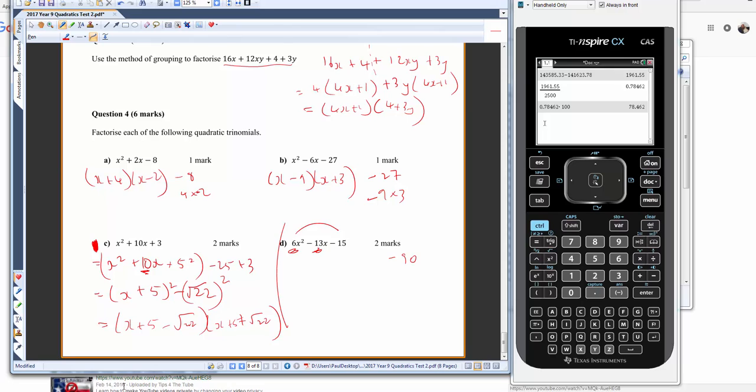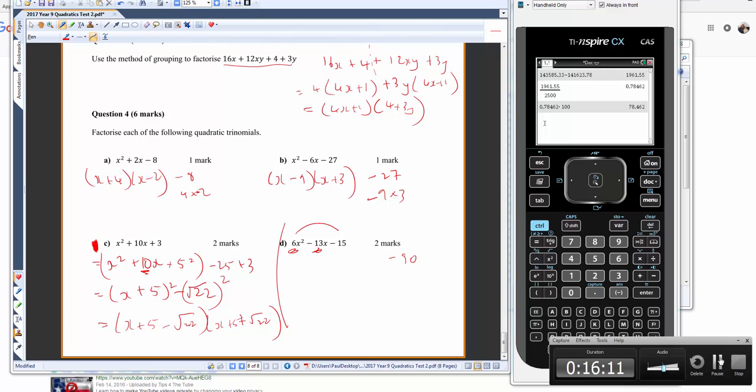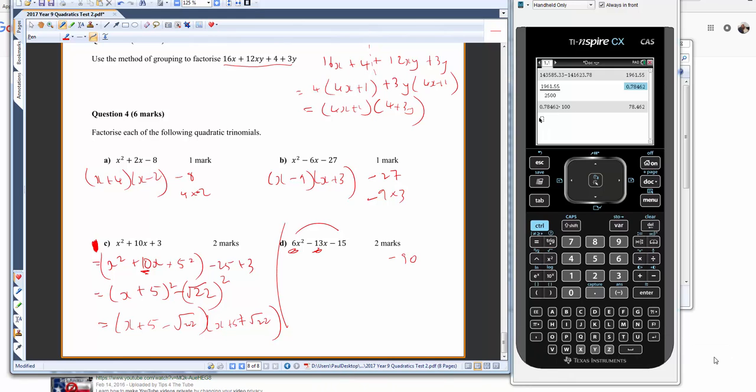Alright, I'm going to pause this while I come up with a factor pair. Alright, so the factor pair is 18 times 5, and the 18 will be negative because one of them has to be negative.